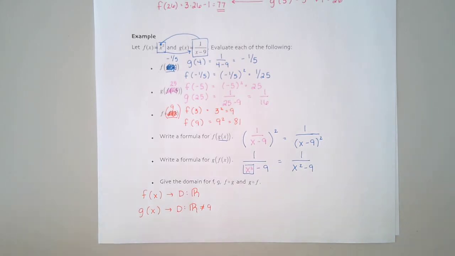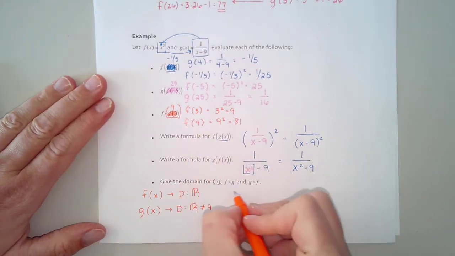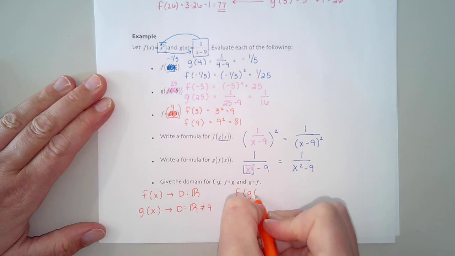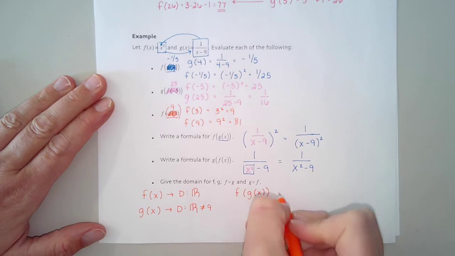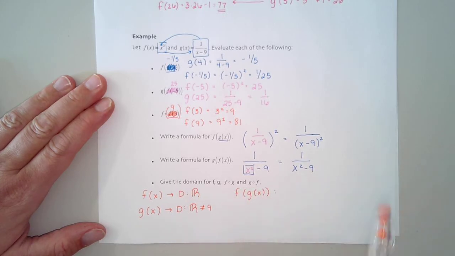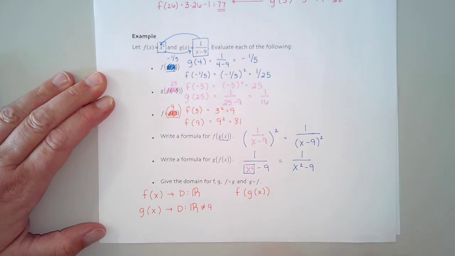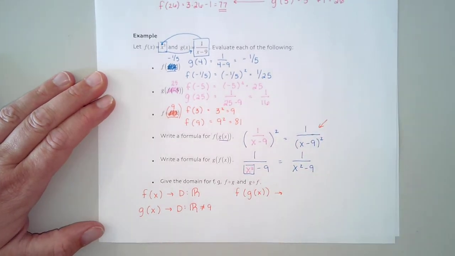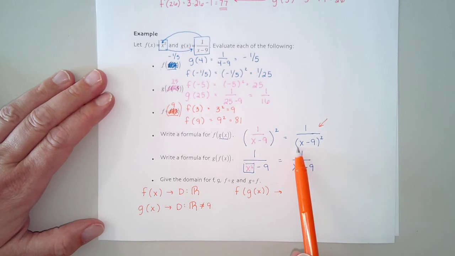So now let's look at this first composite function we did, the f of g of x. Whoops, I'm messing up my own notation here. When I look at this function here, I want to be thinking about what is x not allowed to be.